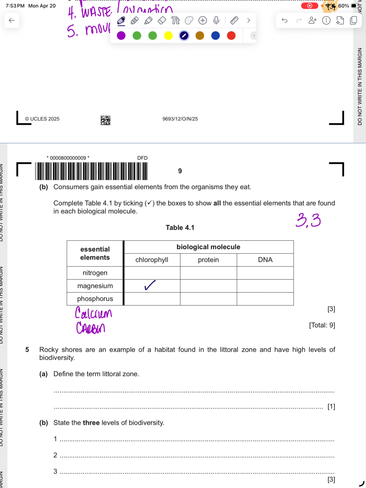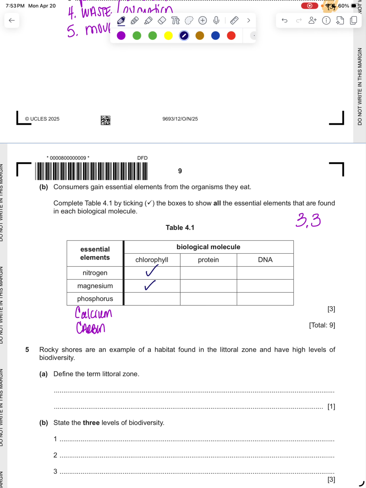The other one, though, is nitrogen. And I also want to say, typically in the past, this question has only been chlorophyll, magnesium for chlorophyll. That's it. And that's the way it's been, honestly, since I started teaching this in 2017. This is the first year that I've seen them ask for more.